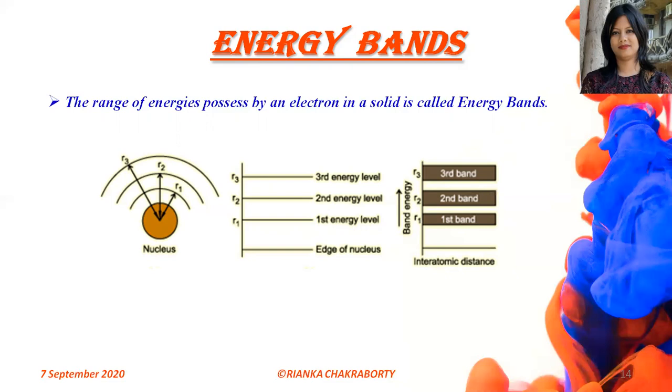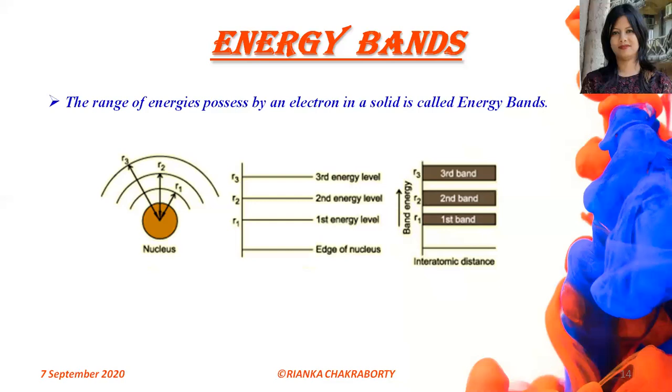Electrons in the first orbit have slightly different energies, as no two electrons in an orbit have the same energy. These slightly different energy levels form a band. It is called the first energy band. Similarly, the second orbit of electrons forms the second energy band, and so on.